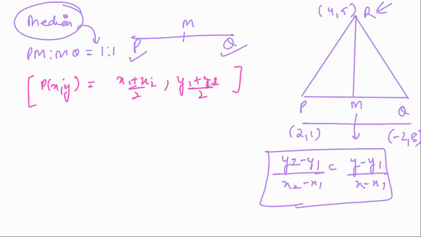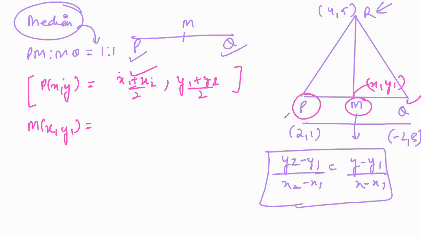Now how to work this out on this triangle particularly? We want the coordinates of M by using the section formula. I am taking the coordinates of M as (x, y). Because we are working on the line PQ, P will act as (x1, y1) and Q will act as (x2, y2).